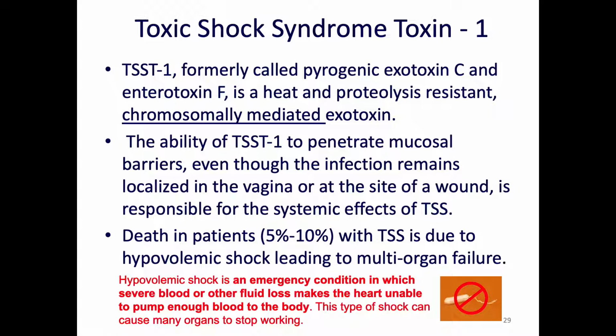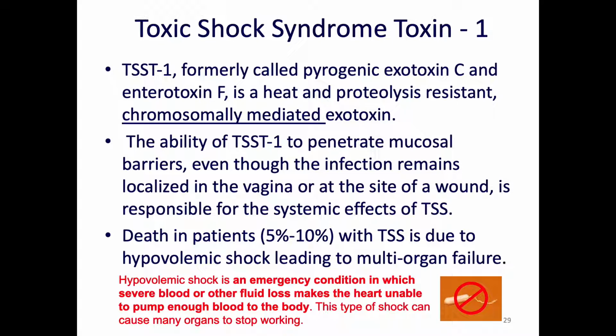Toxic shock syndrome toxin was previously called pyrogenic exotoxin C and enterotoxin F. It is also resistant to heat and proteolysis, and the genes for this exotoxin are located on the chromosome.